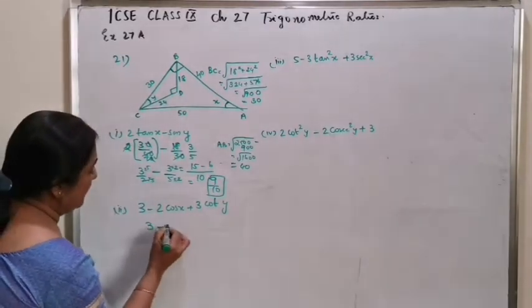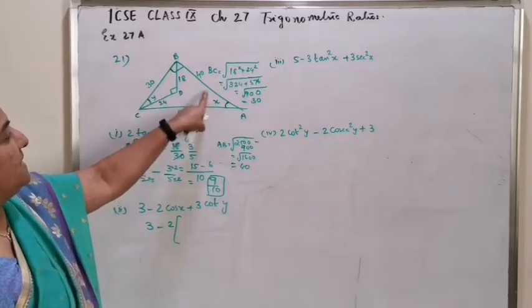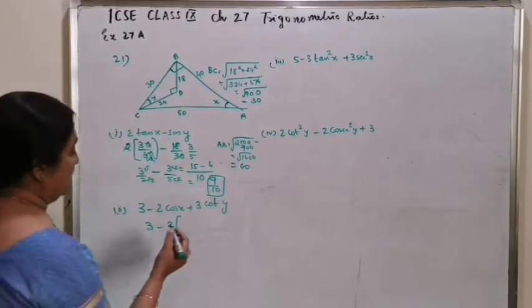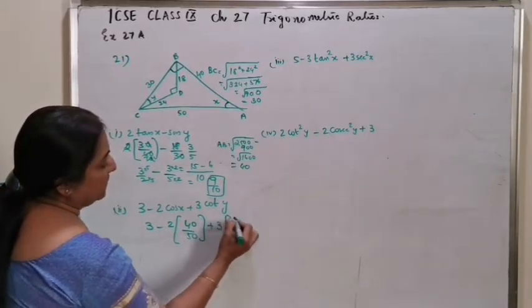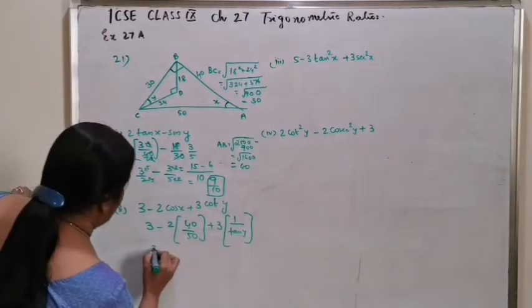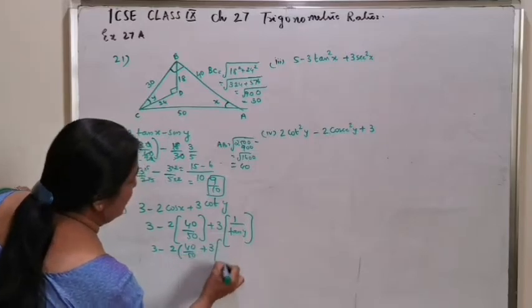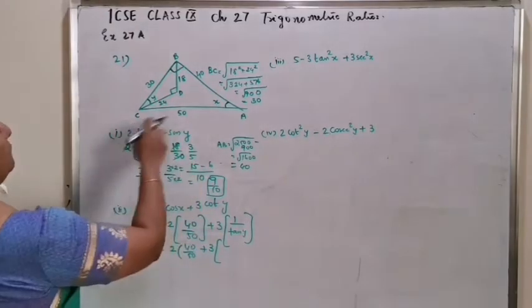Second answer, 3 minus 2 into cos x. Cos x means adjacent by hypotenuse or base by hypotenuse. That is 40 by 50 plus 3 cot y. Cot y means 1 by tan y, which is equal to 3 minus 2 into 40 by 50 plus 3 into, those who are very sure, directly you can take cot y.